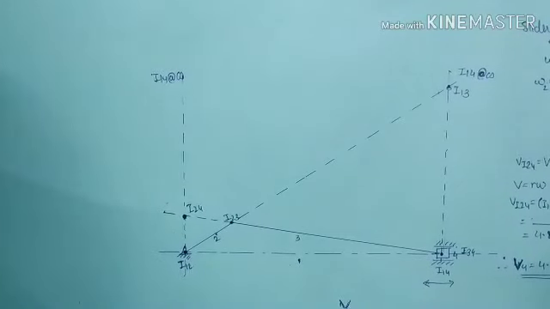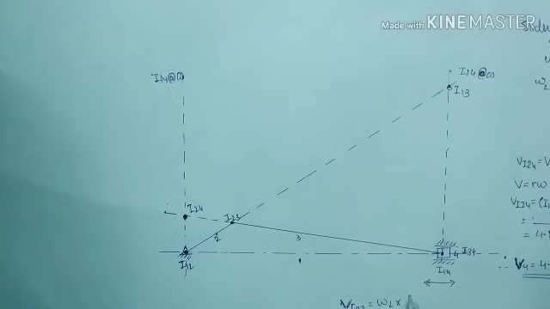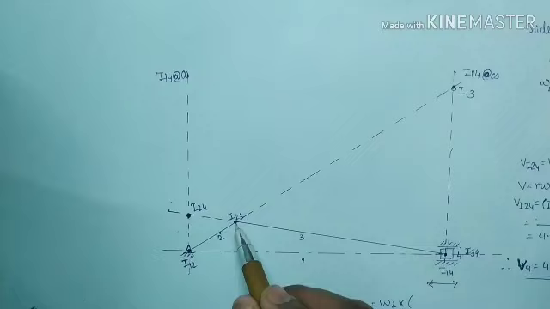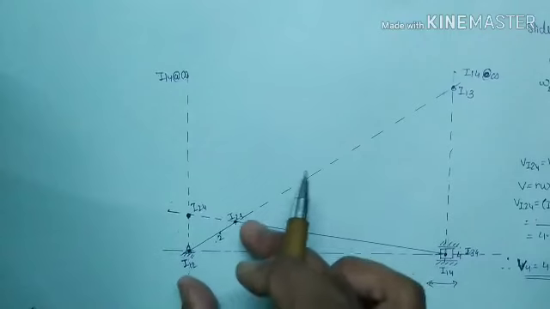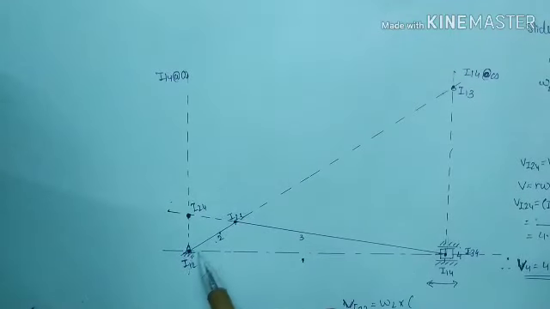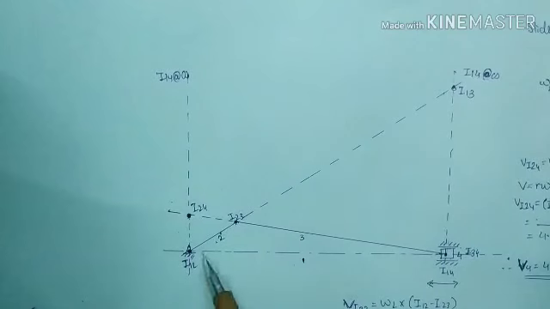The velocity of I23 equals omega 2 into the distance. As we know the omega of this particular link, that's why we have taken this first link into consideration, that is from I12 to I23.